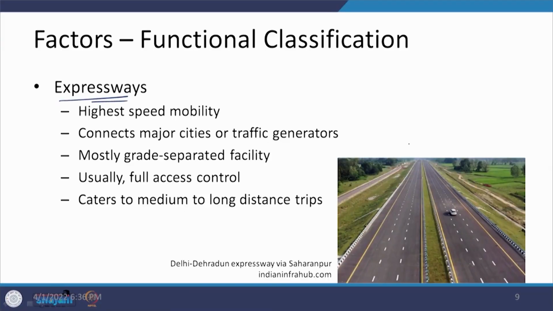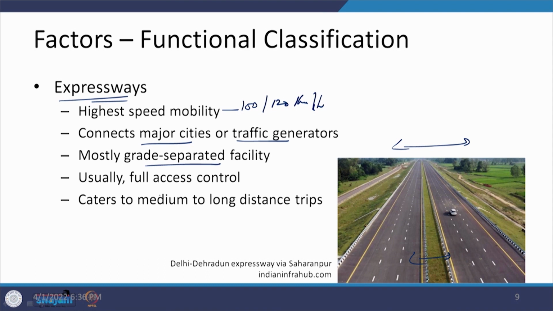So, when you talk about the expressways, as you can see, this is a wide facility which is being provided, which is of course a multi-lane facility with the median in between which can be wide, and then the highest of speeds can be there on these particular roads, and they can be as high as 100 or 120 kilometers per hour. They are going to connect the major cities or the major traffic generators, and because they are high speed facilities, they should be mostly grade separated facilities.